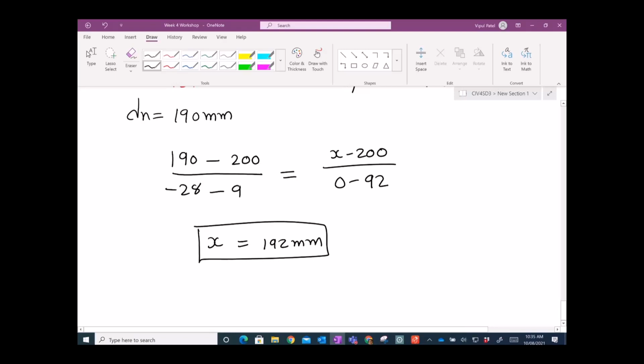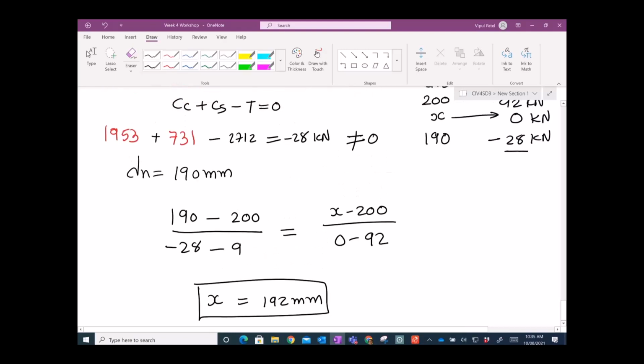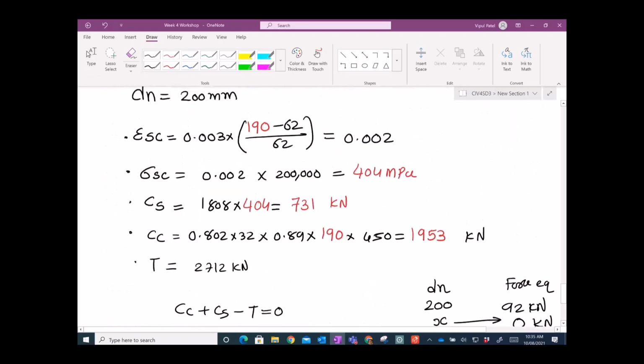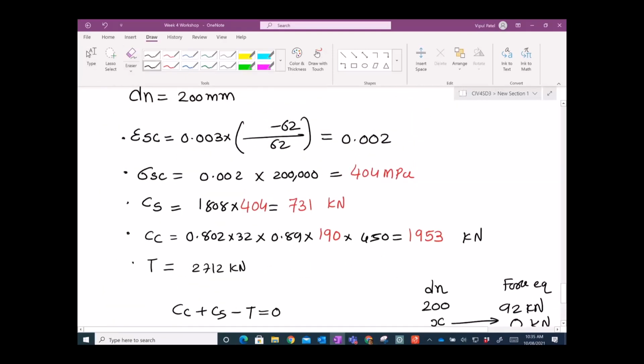Now we can try again. Try again meaning let's put the 192 here. You will get 0.02 again, 404. You get 735 on all because I think 731 still works.